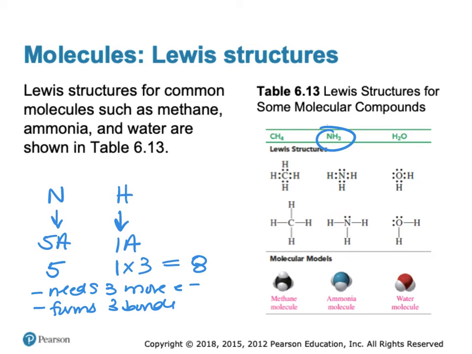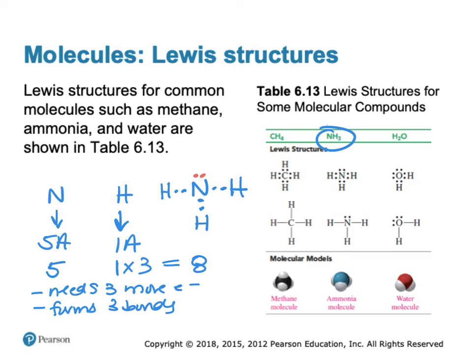We discussed hydrogen already. So when we're drawing this, we have nitrogen, hydrogen, hydrogen, hydrogen. We need to draw a shared pair of electrons between each atom. Then we need to give everything an octet. So we're going to draw 2 more electrons onto that nitrogen so it has an octet.